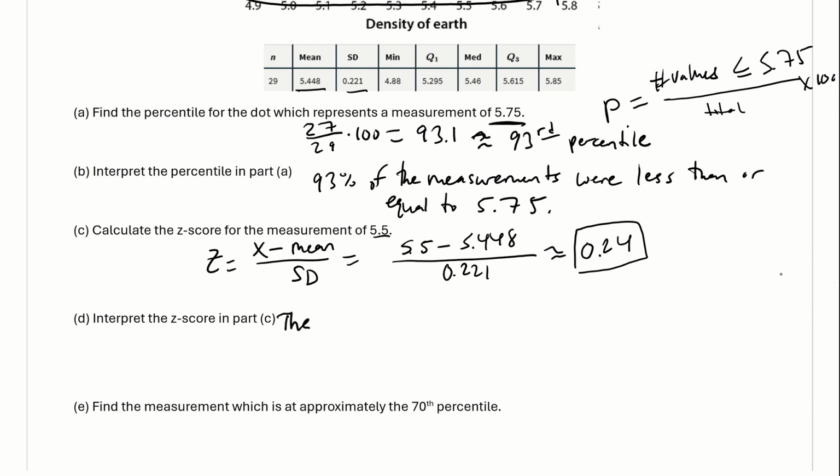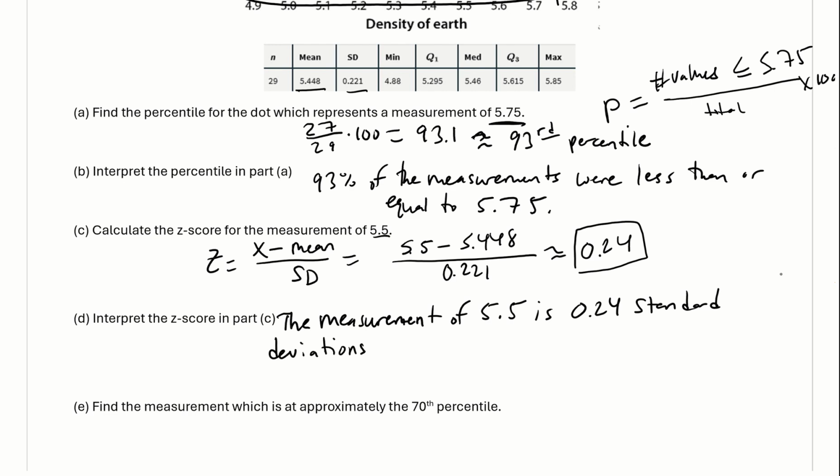Okay, so we're going to say the measurement of 5.5 is 0.24 standard deviations above or greater than the mean.